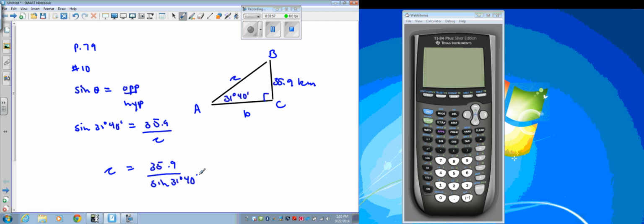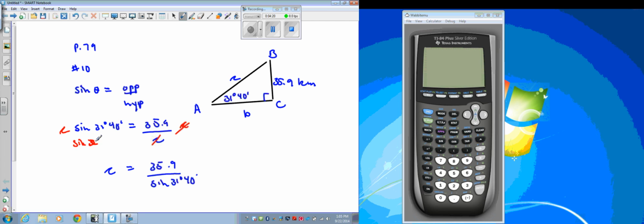Everyone understand? You multiply both sides by C? Yeah, I'm just going to do it in red. I multiplied by C and C, right? On an equal sign, you multiply the same number times both sides. So this goes out. And then I'm dividing both sides by the sine.